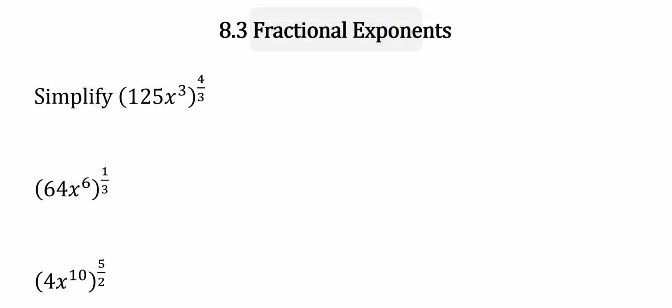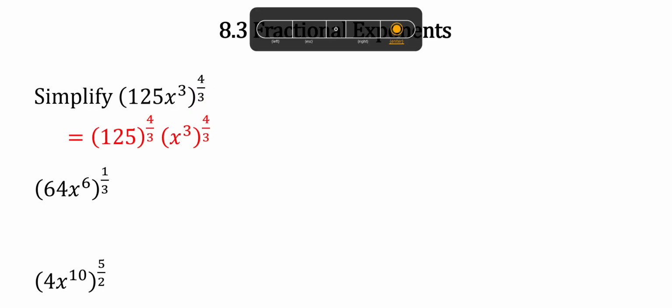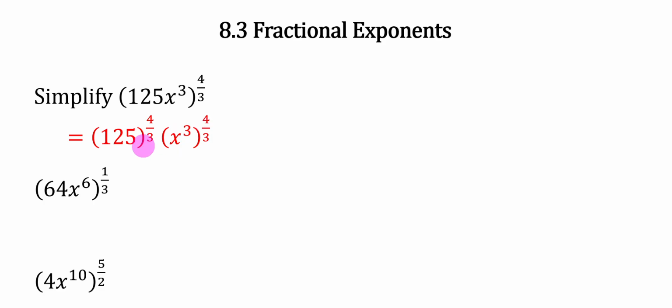Okay, on these, you're just actually doing them separately. So you're going to end up doing that. Now the big trick is here. We can calculate this like we just did. We'll take the cube root of 125 and then raise that to the fourth power. Here you're going to do 3 times 4 over 3. 3 times 4 is 12. Divided by 3 is going to be 4.